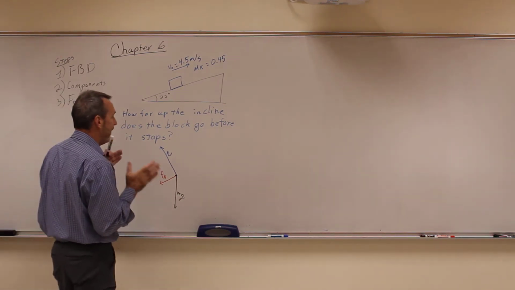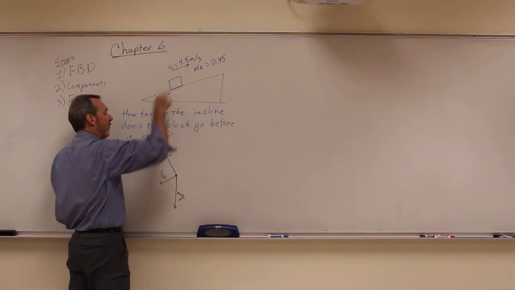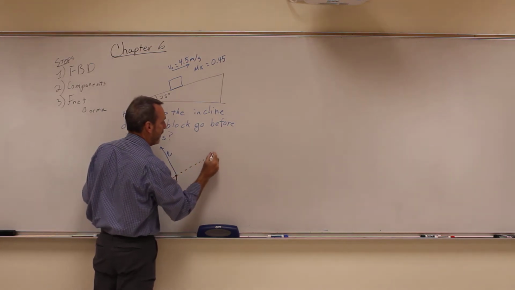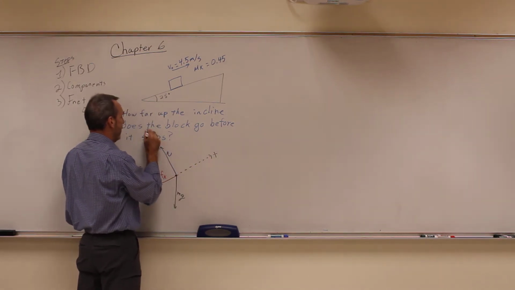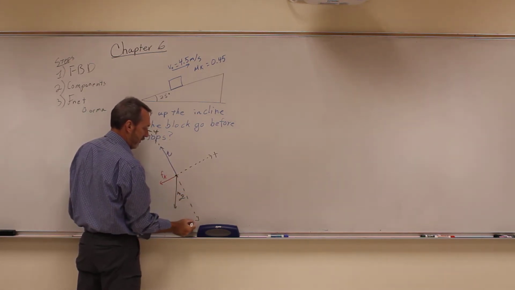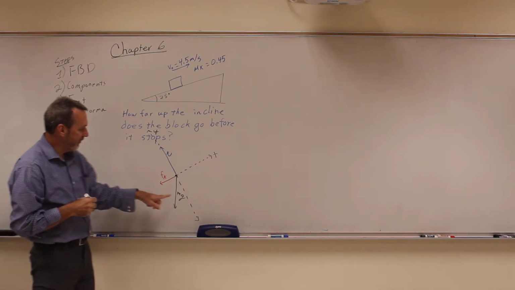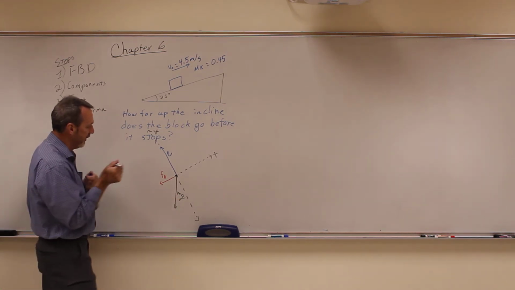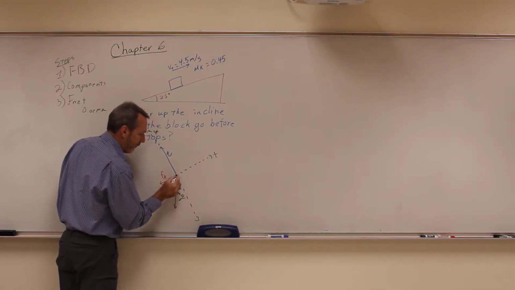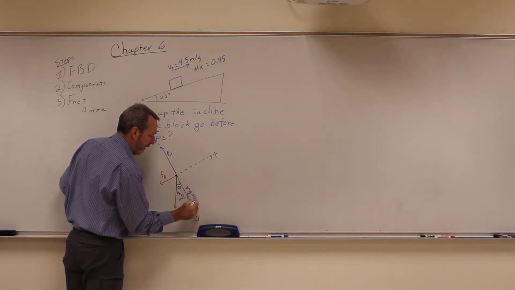Now, we have to make our coordinates match the motion. The motion is up the inclined plane, so I'm going to make this our x-axis, and right along the normal force is the y-axis. Then we have to take the components of gravity, and we're going to call this angle theta.